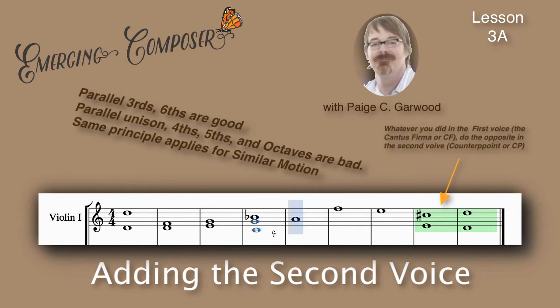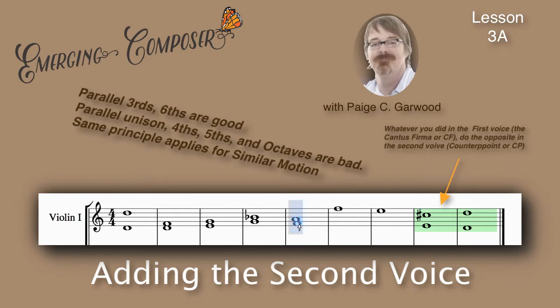That's okay. And now our next note, we went to an A here. Well, I could go to a unison. That's okay, but you really want to avoid unison when you're writing two parts. Leave unison or octaves for the beginning and the end. So I can go to an F, which would be an okay choice.